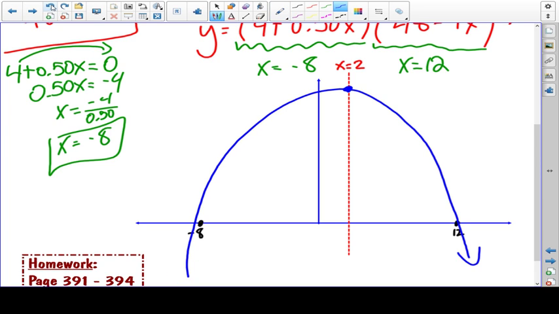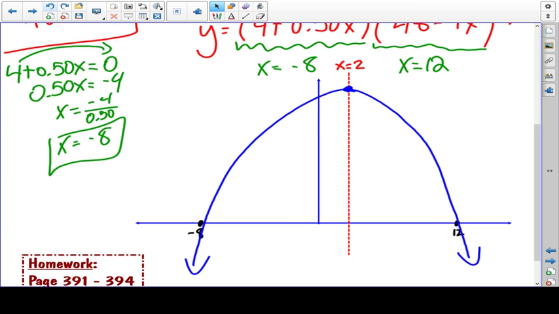Good enough. Here's the interesting thing, actually. If we look at 12, what can you tell me about the revenue when x is equal to 12?